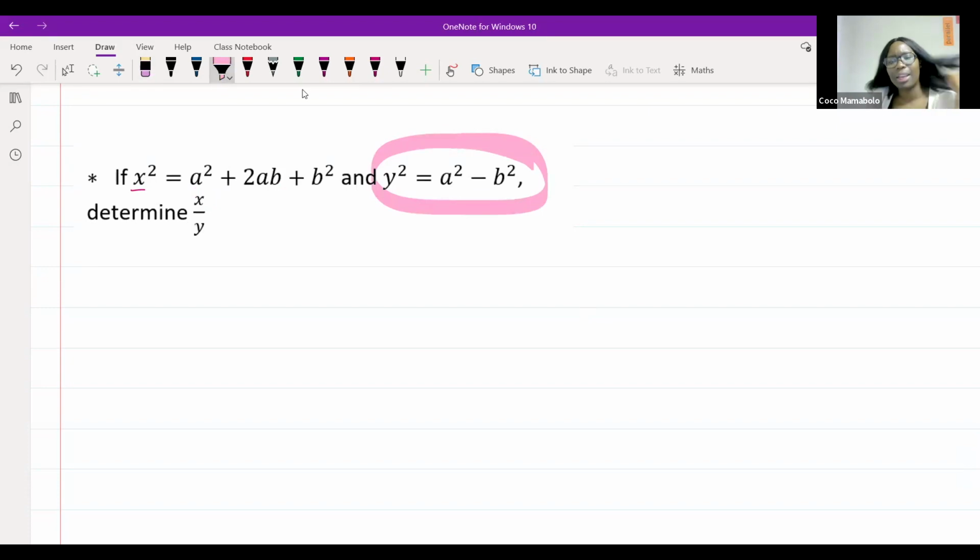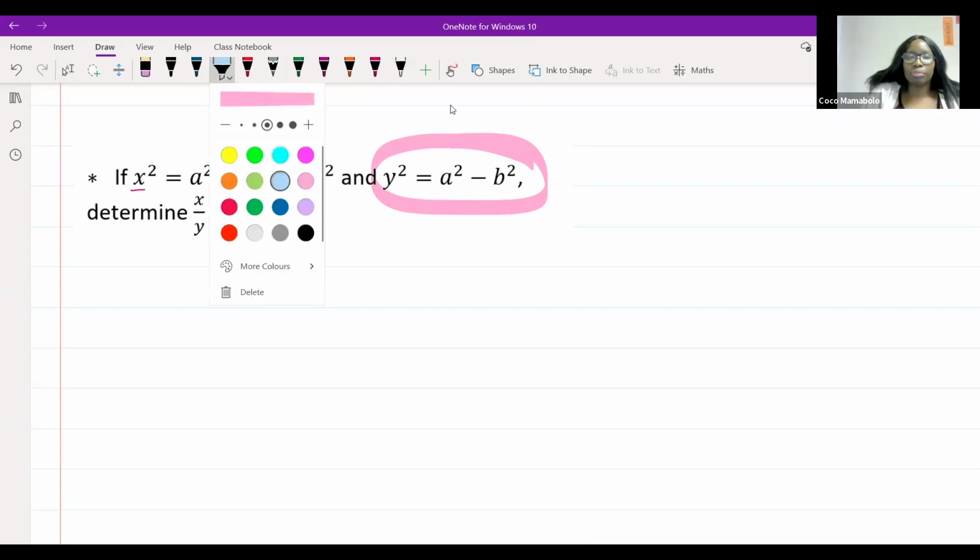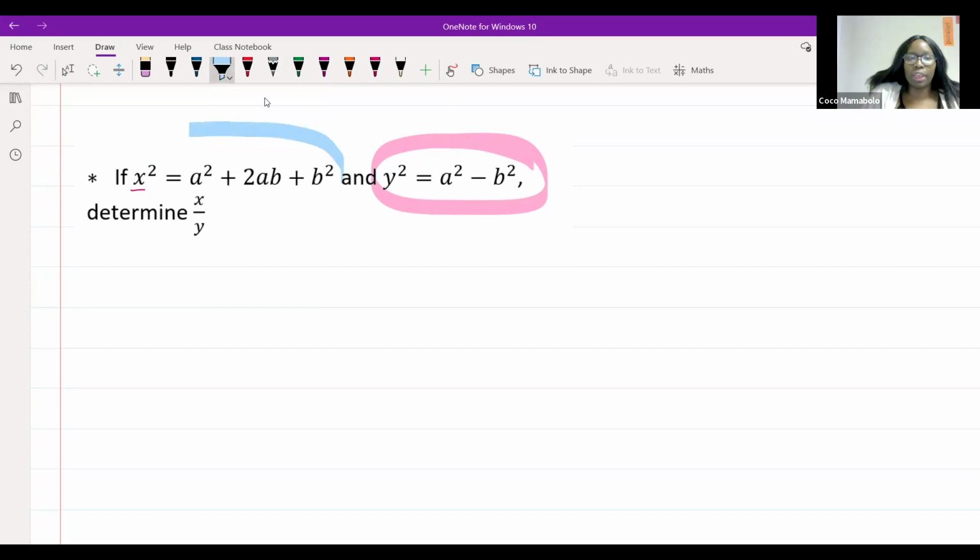Are we in agreement that everybody can see it in y squared? Yes, Khulani. Beautiful. In the y squared part, there's a difference of squares. Let's think about what we'll see in the x squared part. What are we noticing in the x squared part? Yes, Emmanuel, not that there's a 2ab, but that there's a trinomial.